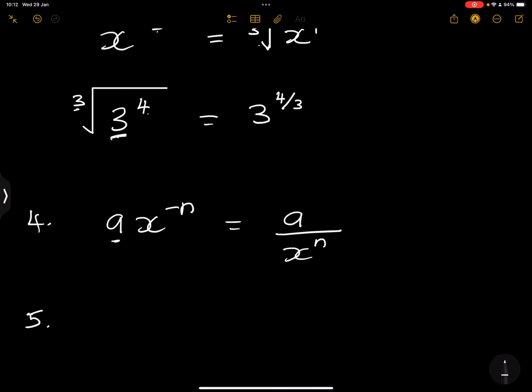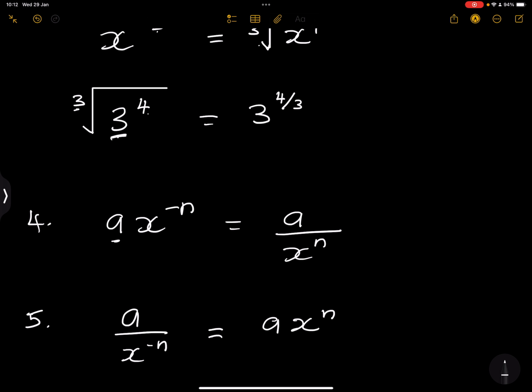Now, similarly, if I were to have something like a x to the minus n, how can I simplify it? Well, again, I keep my coefficient, but this can be written as x to the power of n.